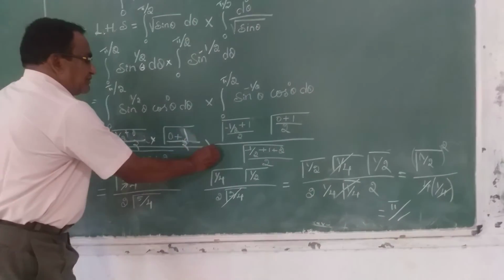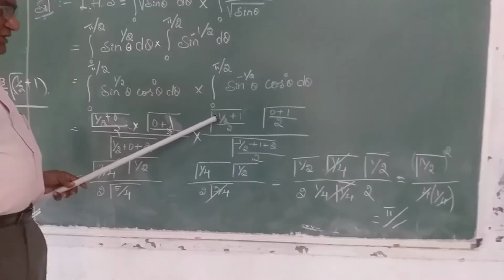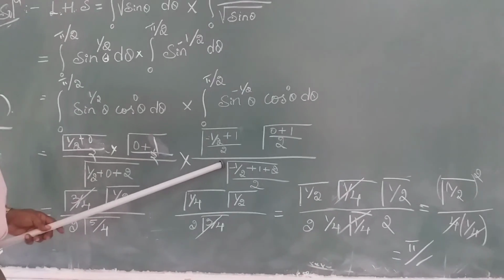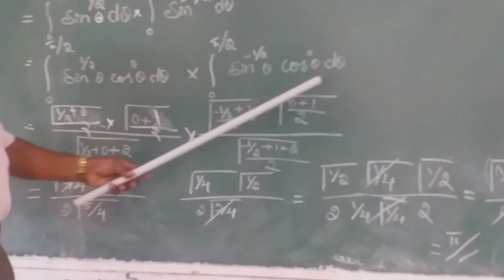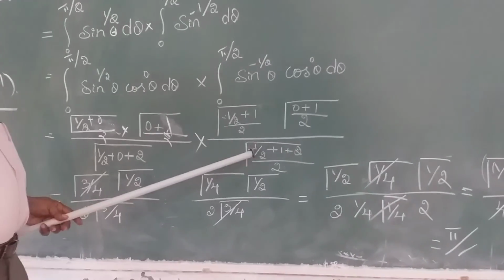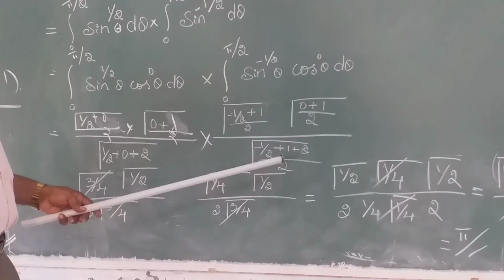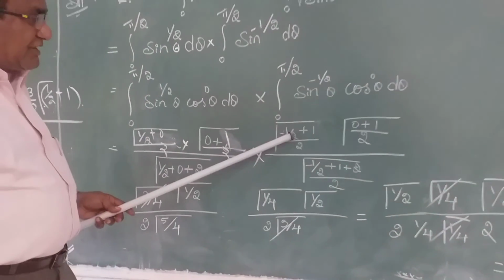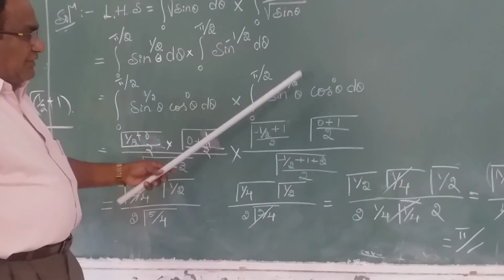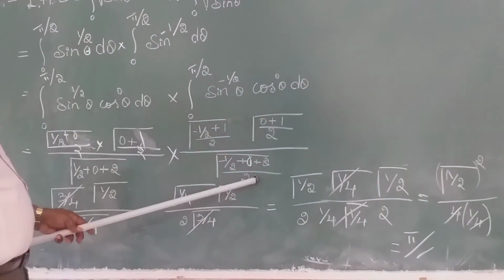Similarly here, gamma of (p plus 1) by 2, minus half plus 1 divided by 2, into gamma of (q plus 1) by 2, 0 plus 1 divided by 2, whole divided by 2 times gamma of (p plus q plus 2) by 2, with p minus half and q 0 plus 2 divided by 2.